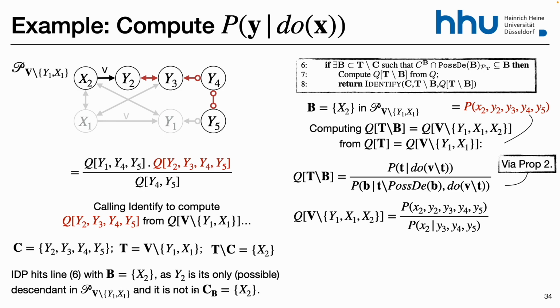So we remove the Y2 from the conditioning part. I'm trying to simplify stuff here. We can simplify and get something else.